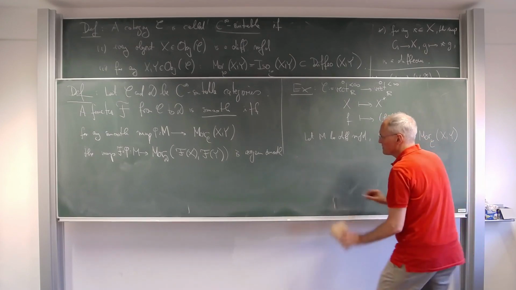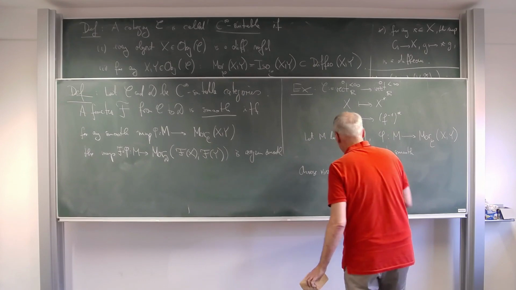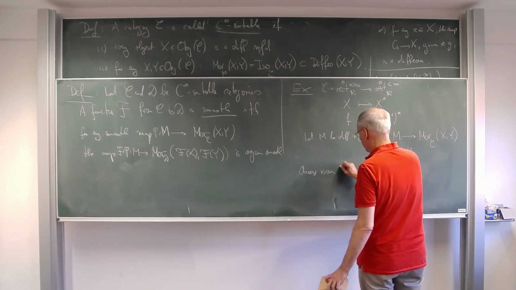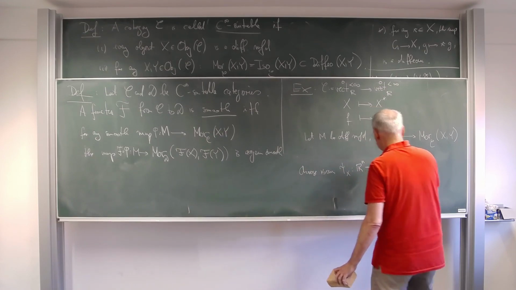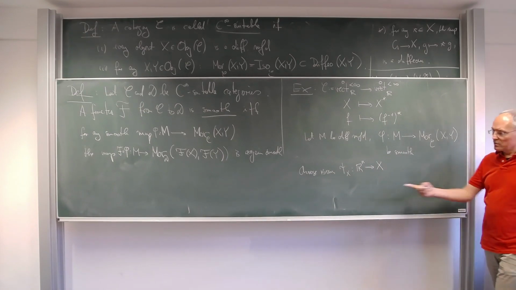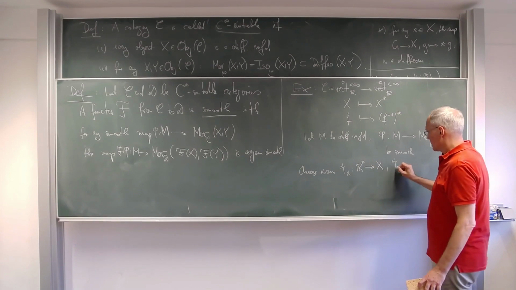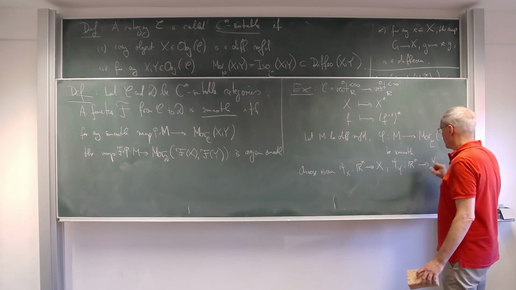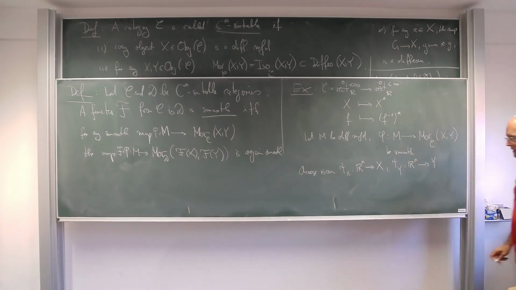You choose an isomorphism from X, let me call the first one psi X, from Rn to X. This is some finite dimensional real vector space, so there is an isomorphism from Rn to it, and similarly for the other one. The dimension n has to be the same, otherwise there is no isomorphism here.